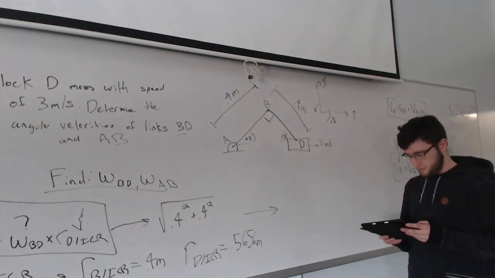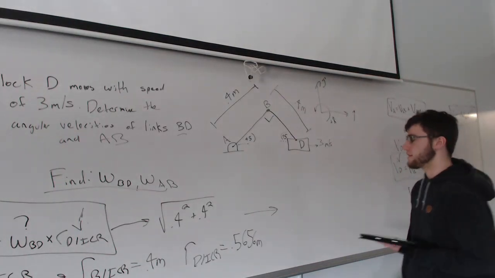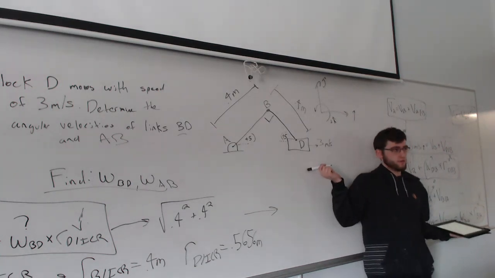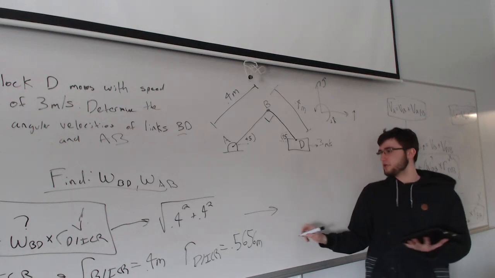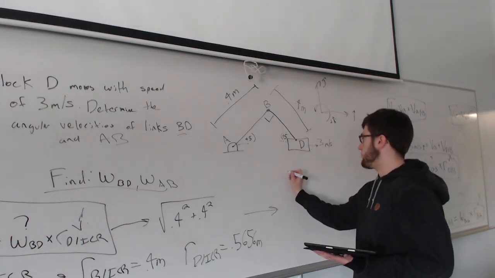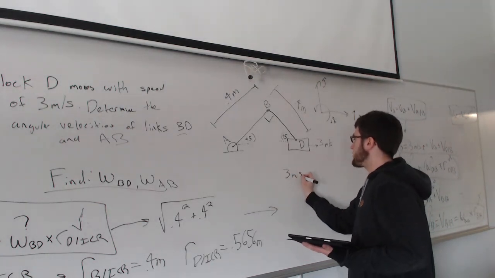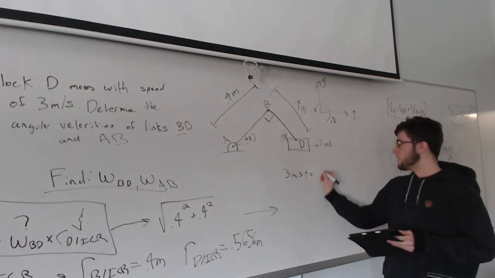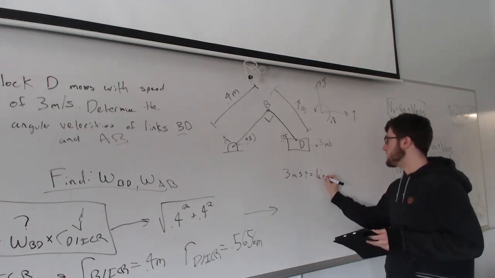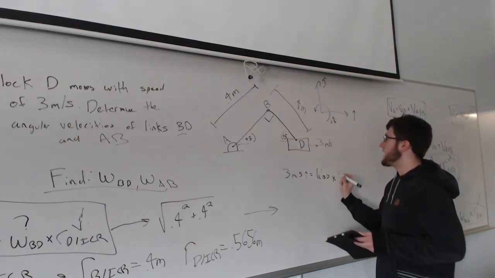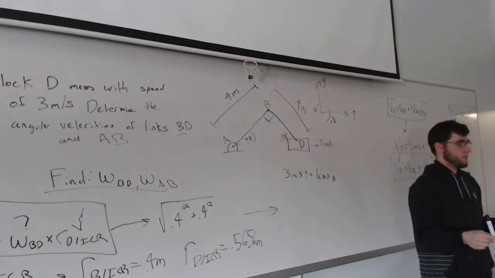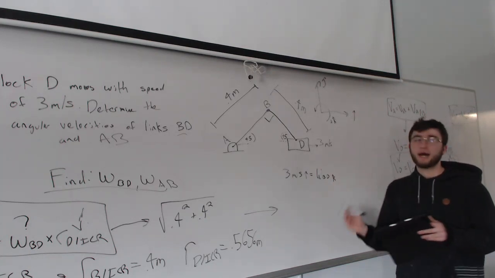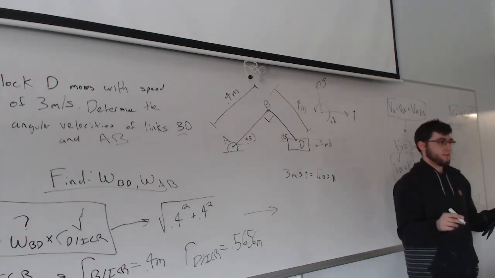Just in case you forgot the cross product and things like that, velocity of D is given as 3 meters per second in the I direction. That equation right here becomes 3 meters per second in the I direction equals angular velocity of BD. And I'm going to assume that the angular velocity of link BD is in the positive k direction.